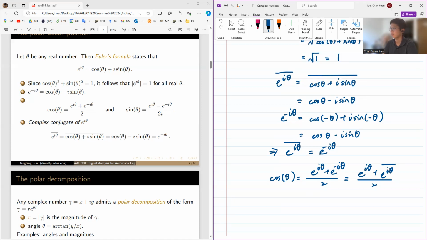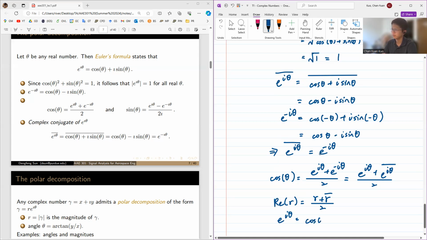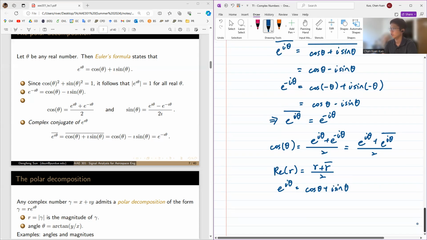We know that the real part of a complex number can be computed by adding itself with its conjugate and dividing by 2. And we know that e to the i theta equals cosine theta plus i sine theta, so here we are just evaluating the real part of e to the i theta, and that gives us cosine theta.